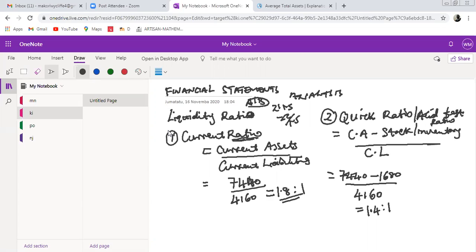You are given the sales, the cost of sales, operating profit, then we have the interest expense and all that. Now we are told to calculate the acid test ratio, but I want us also to calculate the current ratio. So it is very simple in that case.